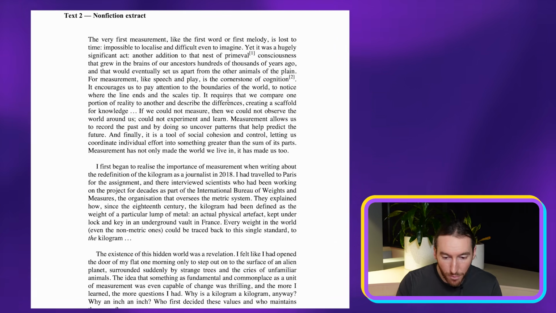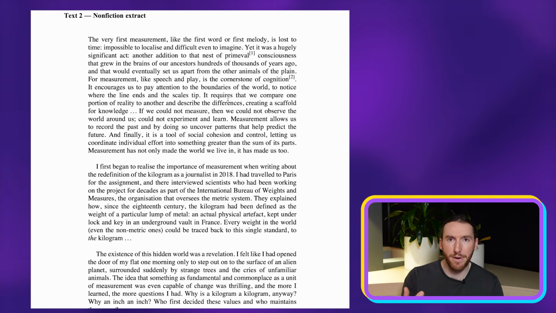E for emotive language, S for syntax. Syntax is sentence length, short sentences, long sentences, and you've got elongated syntax if it's a long sentence, and T for tone. MEST is best as backup techniques, guaranteed techniques that you'll find in any written text. So I'm always thinking about that as well. Here we've got the high modality with the word "is." It's saying it is the cornerstone of cognition, which is a very authoritative statement, very definitive.